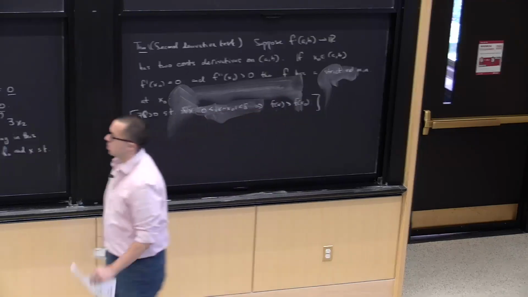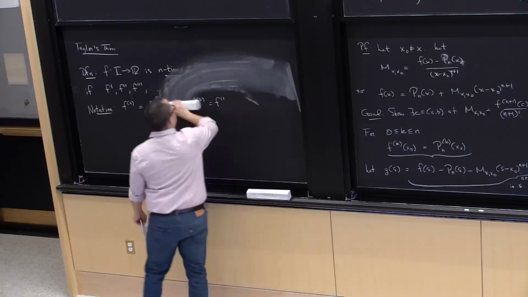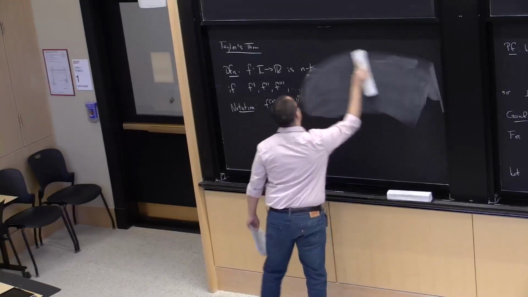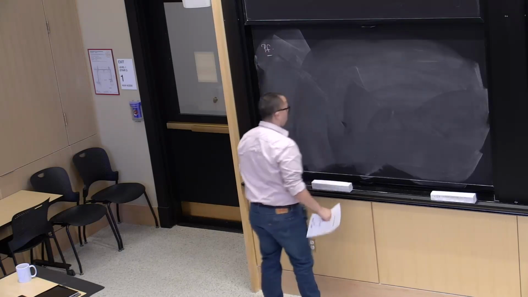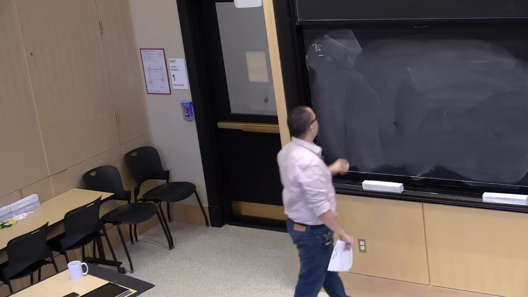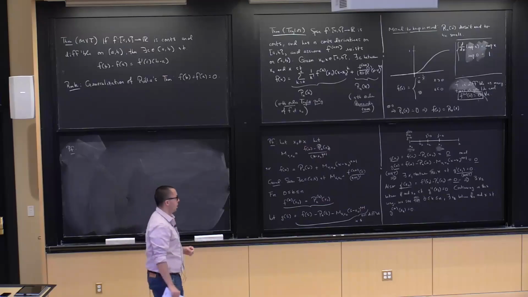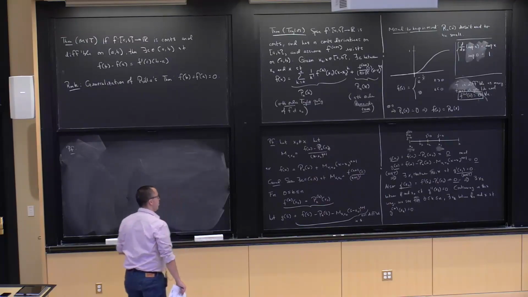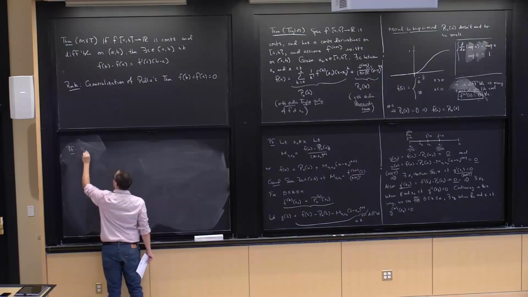All right, so I hate doing this, but the theorem is stated over there, and now we need to go across the room to do the proof. All right, so f has two continuous derivatives on AB, and therefore the second derivative is continuous at x0.